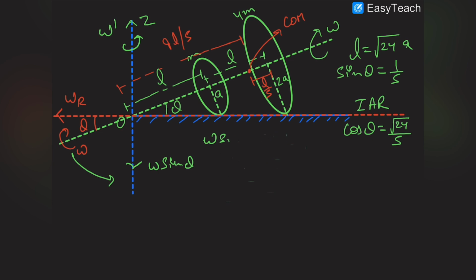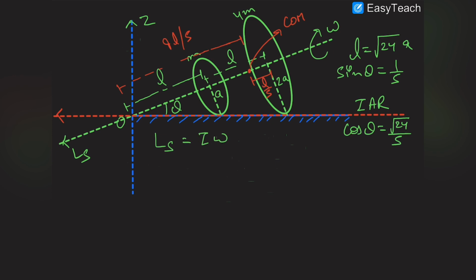We have already seen. Now you could see that there is a motion. You can analyze that about this axis it is spinning, so there would be a spin angular momentum, LS. It would be I omega, and I would be ma square by 2, since this is a disk, plus 4m into 2a whole square by 2, into omega.